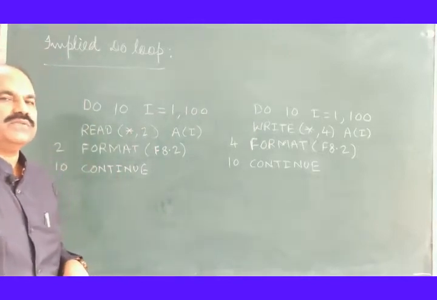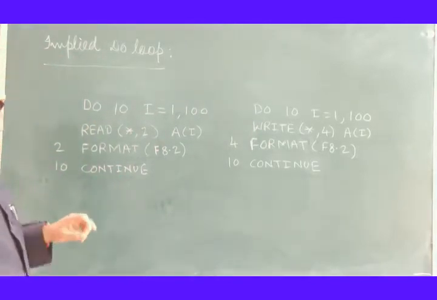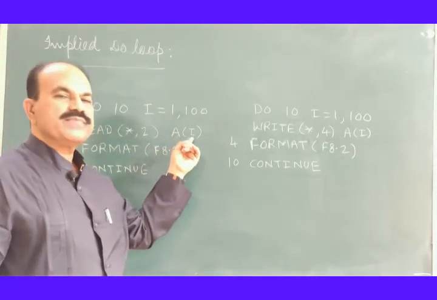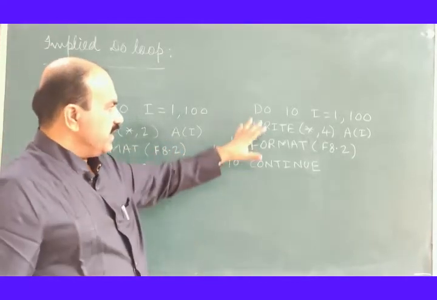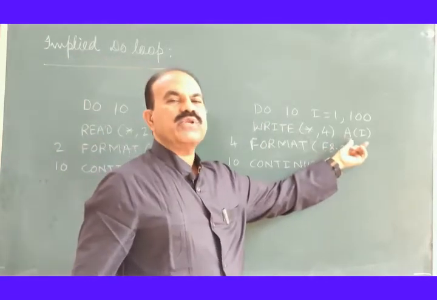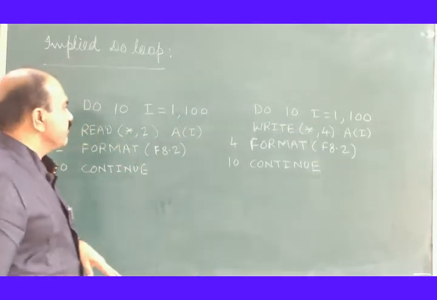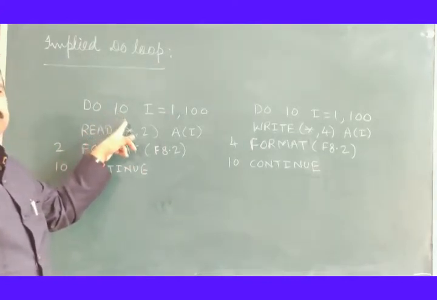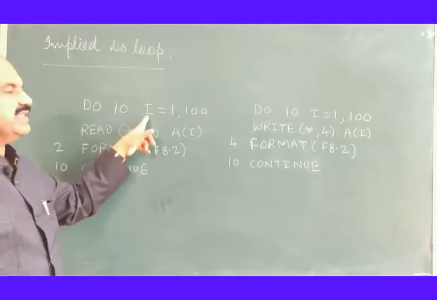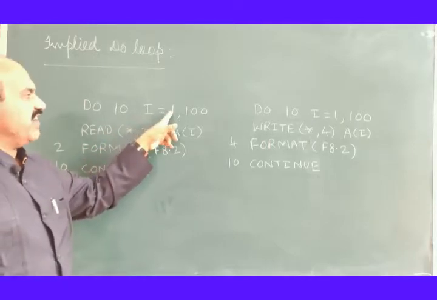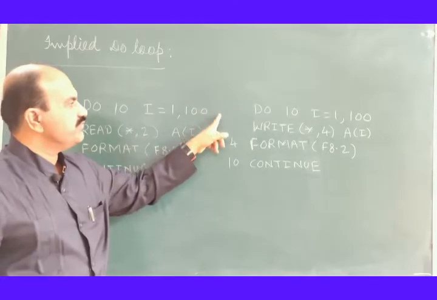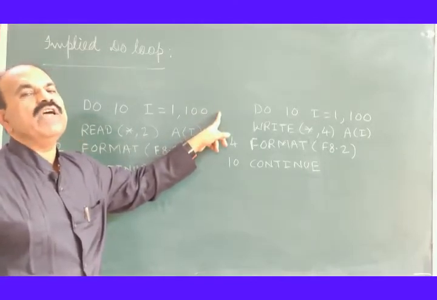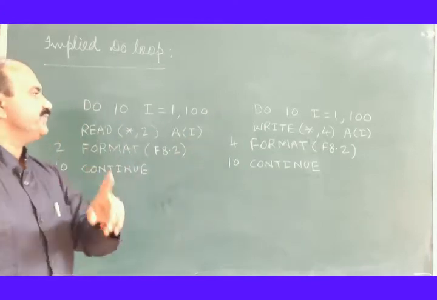Here I have written two simple programs. This program to read this array, this program to write this array. Do loop, 10 line number of last statement, running variable, initial value, final value, increment is omitted, default value is therefore 1.